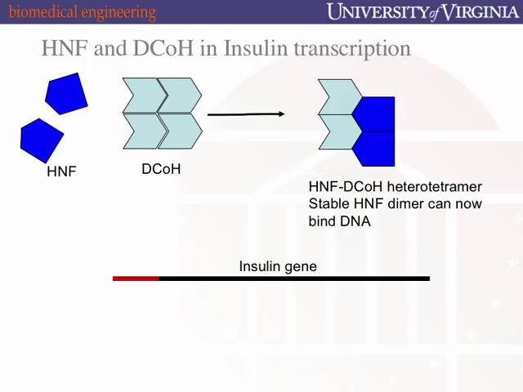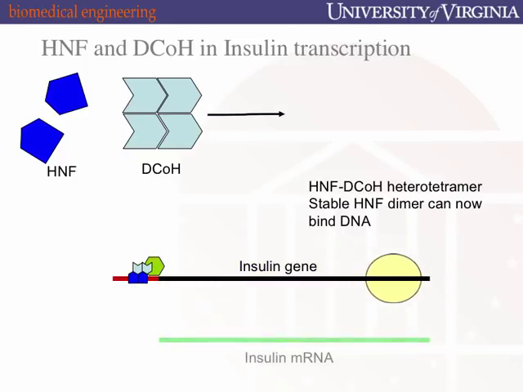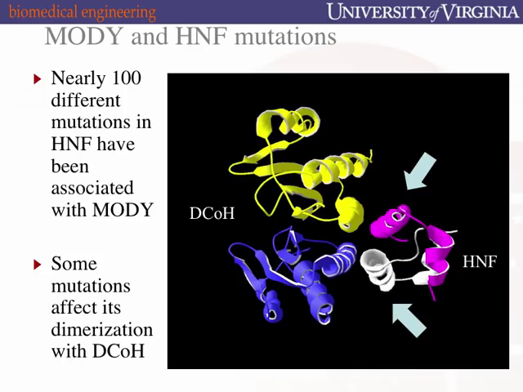What ordinarily happens when insulin regulation occurs normally is that when HNFs get expressed, they will form a heterotetramer, 2 HNFs, 2 DCOHs, as shown in cartoon form here, and then this heterocomplex will recognize the HNF DNA elements in the promoter of the insulin gene, and that recruits the pre-initiation complex and the RNA Pol2, and then you turn on transcription, making mRNA.